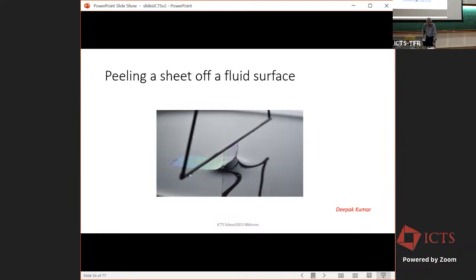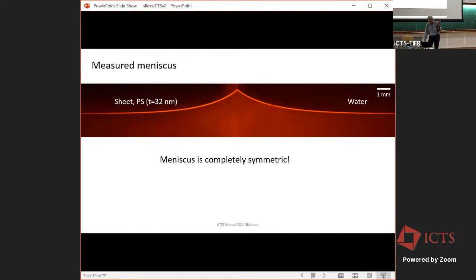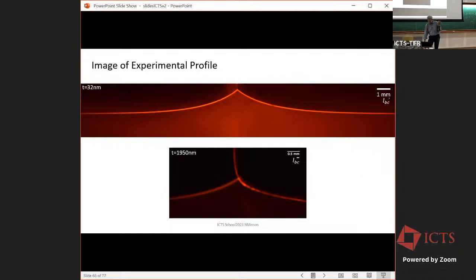There are nice advantages compared to a sessile drop. There's a large pool here, so evaporation can be taken care of very nicely. The contact angle is a long line here. Measuring is very high precision.